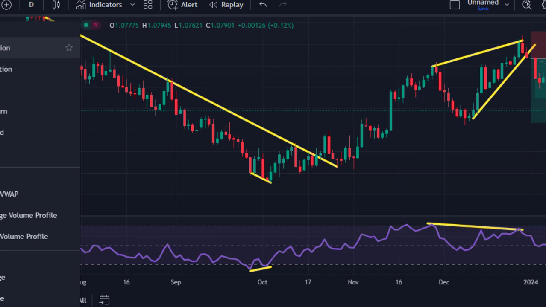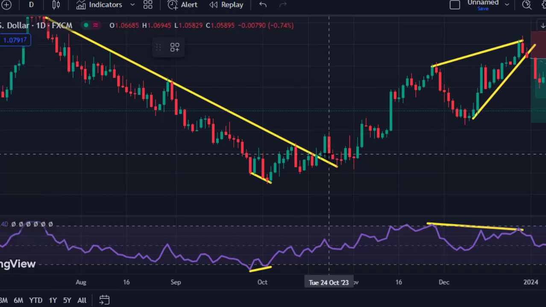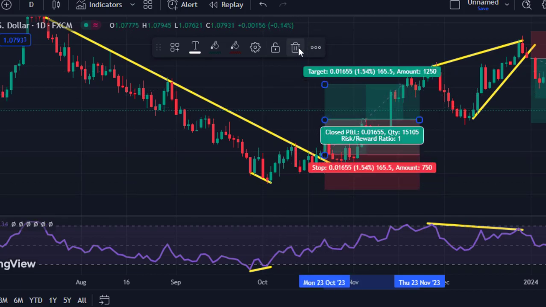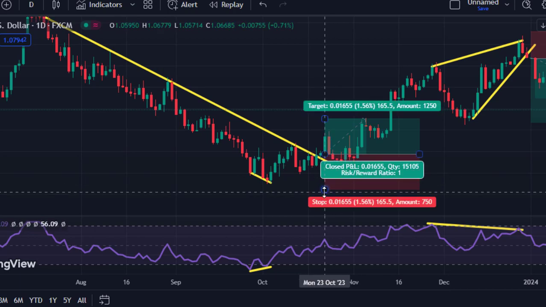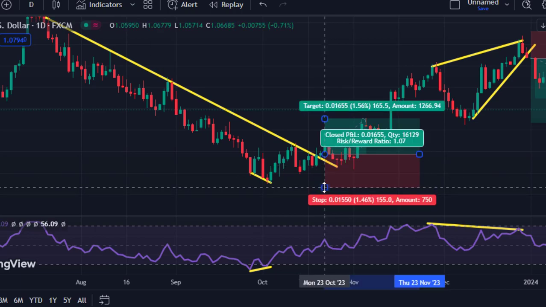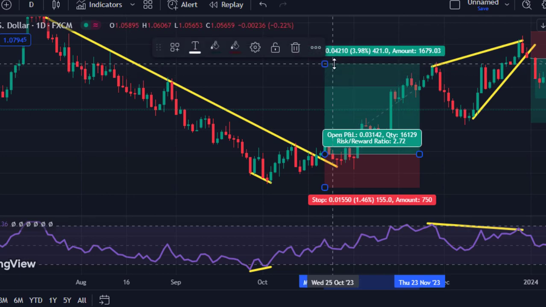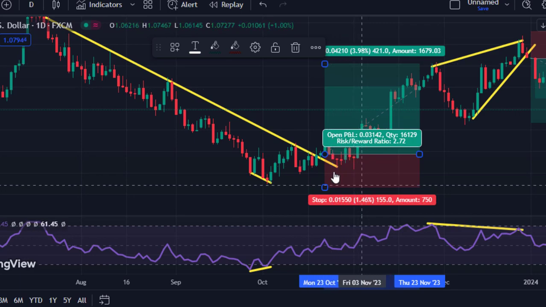So you take your buy or your long position at this very point of entry, and then the market moves to the upside from this very area, and your stop loss has to be slightly below this level of support, and you trail your profit to the upside, or you look for a 1 to 2 risk reward ratio, and you are good to go. If you look at this, the risk here is 1.46%, and the target here is 3.98%. This is very, very important.